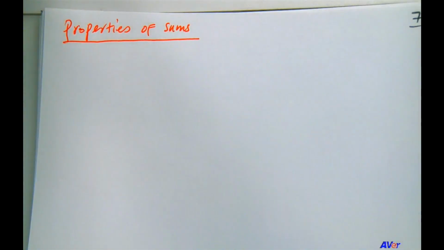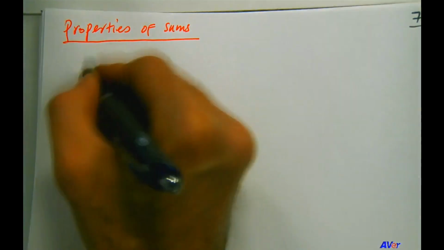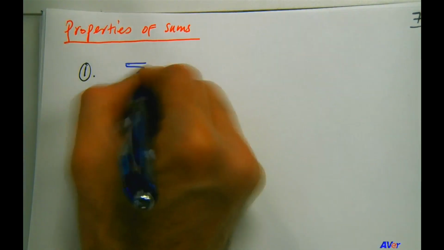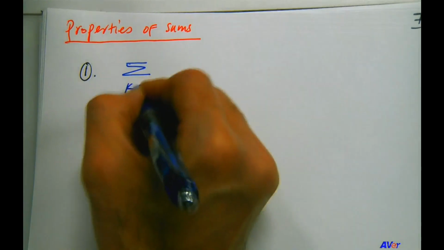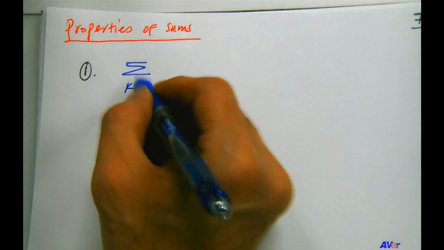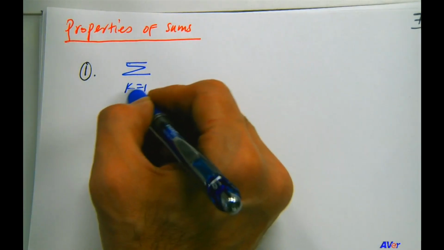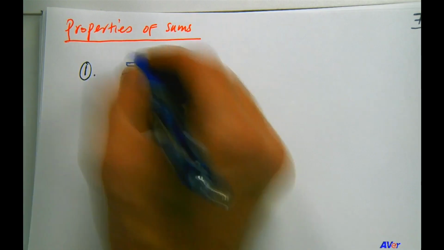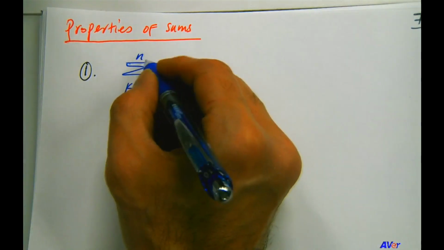Okay, so properties of sums are as follows. Number one, if you have a sum formula as follows, k equals 1. Again, I'm using the notation that your book uses with k. Usually it's i equals 1 to something, but your book uses k, so that's what I'm doing. k equals 1 to n.